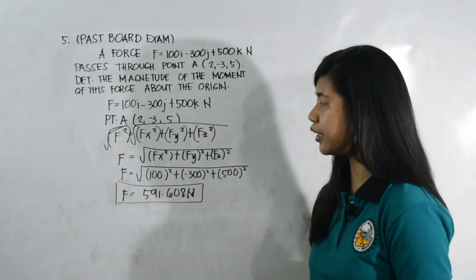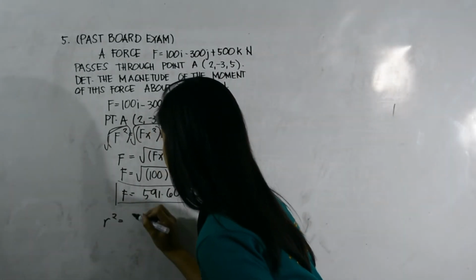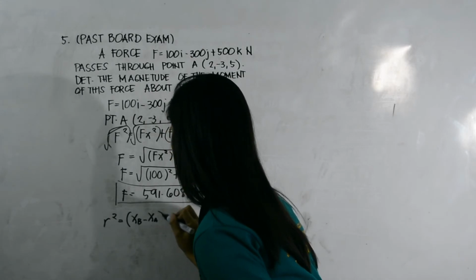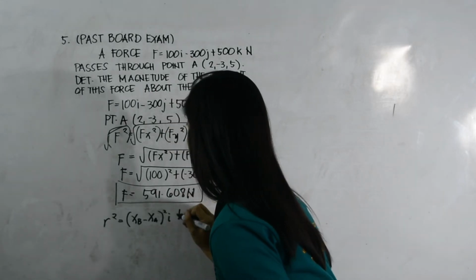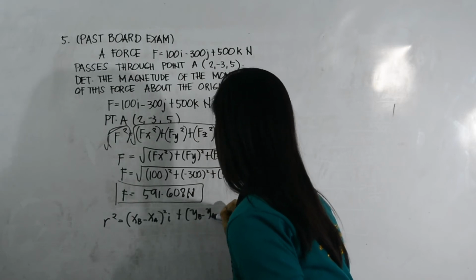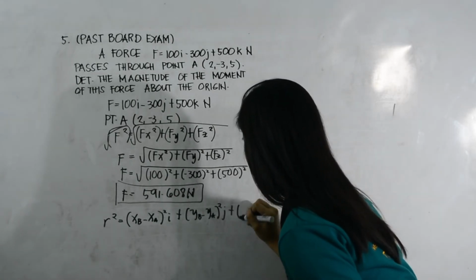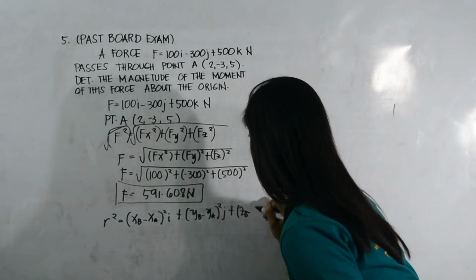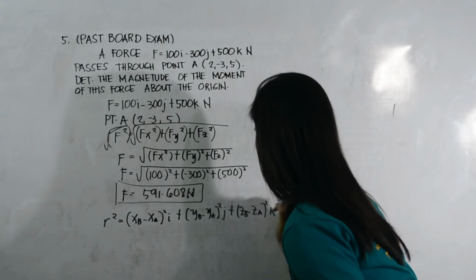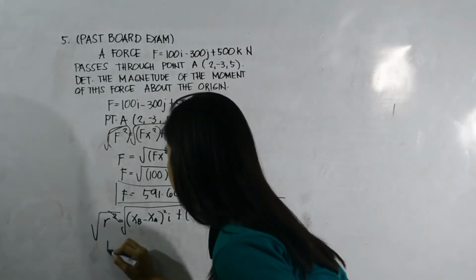For getting the radius, we have the formula r squared equals (xb minus xa) squared I plus (yb minus ya) squared j plus (zb minus za) squared k. So just simply take the square root to get r.